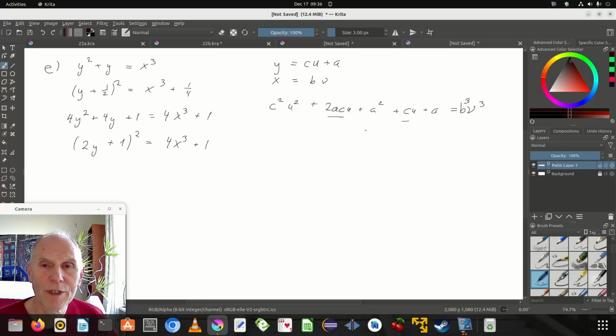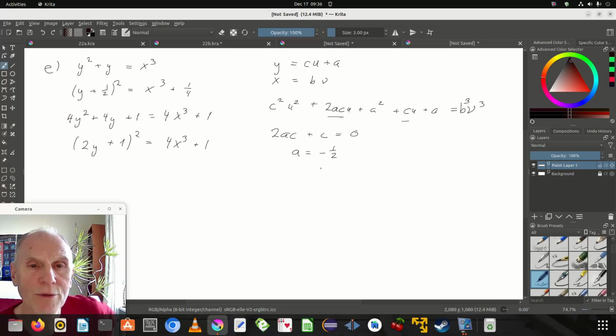This guy we need to get rid of. So a is minus 1/2. Anyway, I don't think I've come anywhere closer to solving this problem, so that we don't get a cube there.